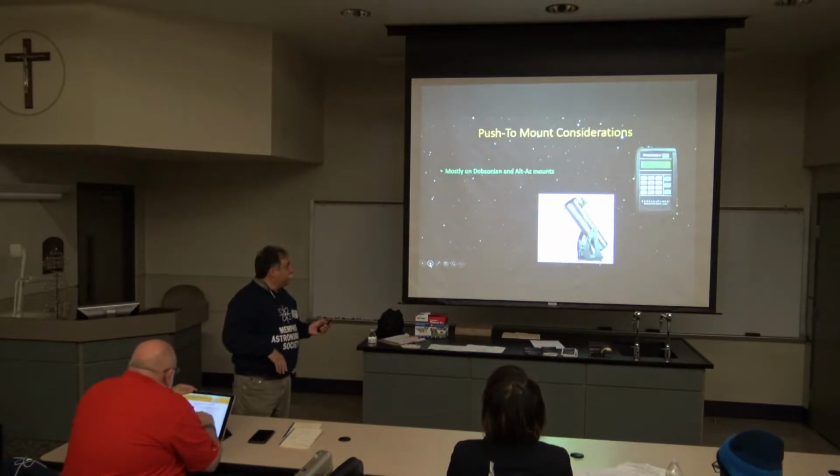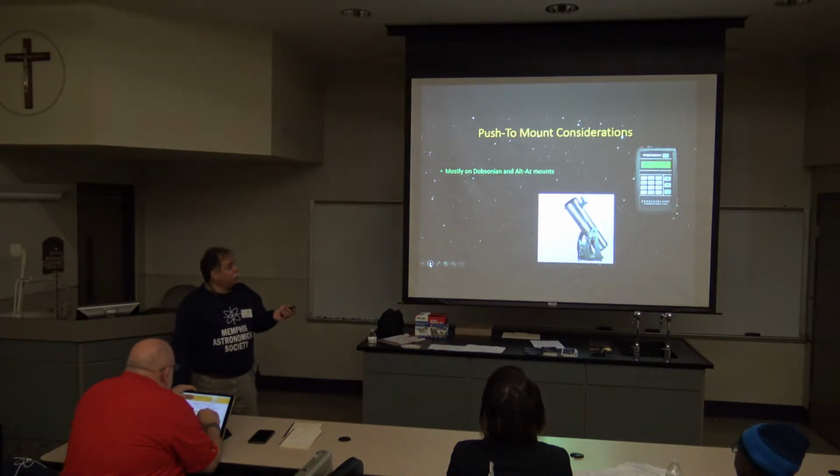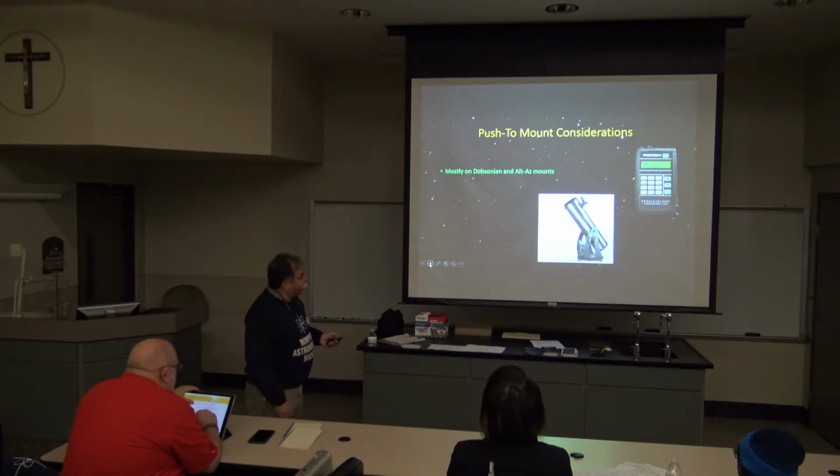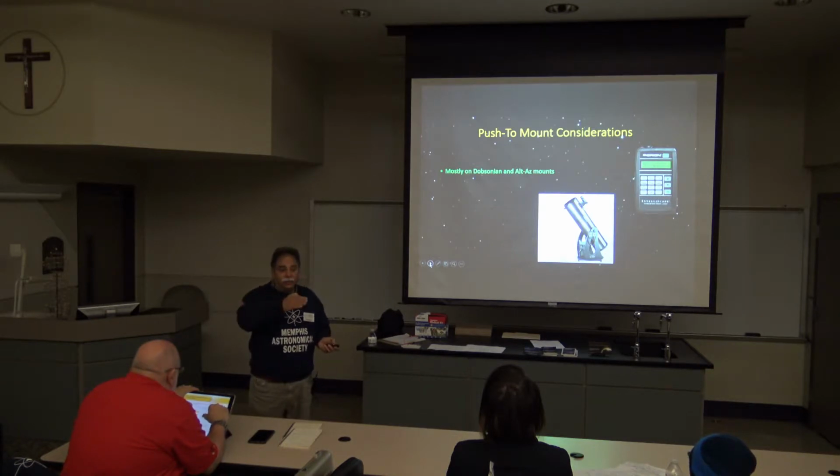The first one is the push-to mount, and it's mostly used on Dobsonians, okay? And let me explain real quick here. You see here is a controller. There is a cable that goes inside, and there is another cable that goes to the bottom. So it detects where you move the telescope up and down.